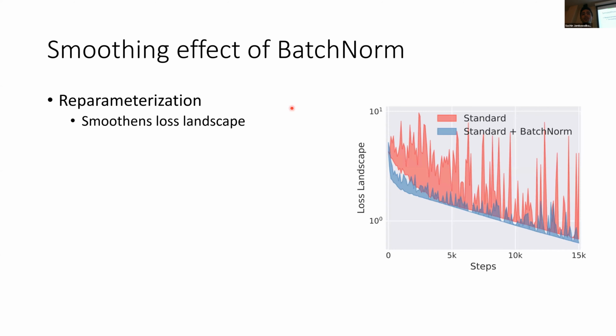Batch norm does reparameterization, and this reparameterization smooths the landscape of the loss. So the scale and shift that's applied in batch norm in each layer causes the underlying optimization function to become smoother.